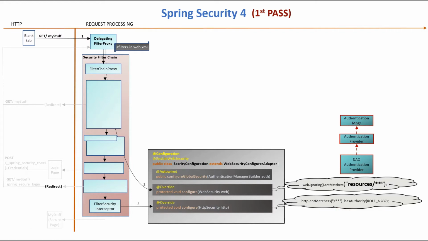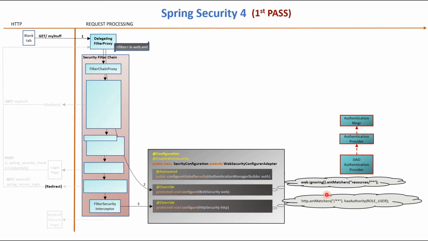Now note that a request starting with a relative path of resources, as we indicated in the method above, would be considered as any request. But since it comes in step 2 before, it would skip any step after 2 altogether and send the response directly to the client after step 2. So it would never get to step 3, and the all pages pattern here would not match there and would not apply to a resource page.